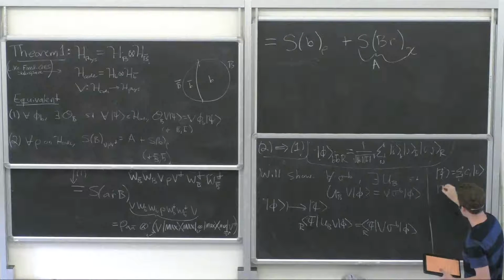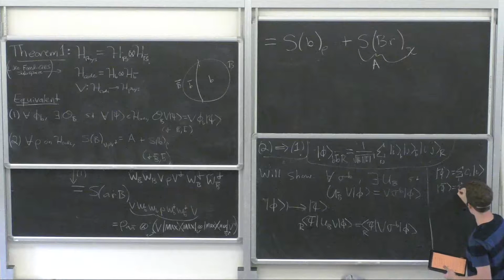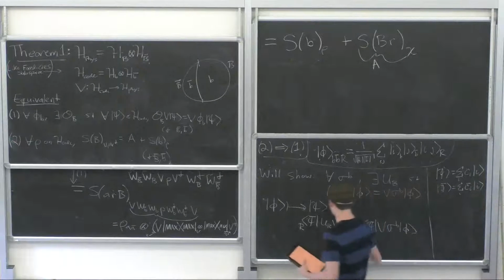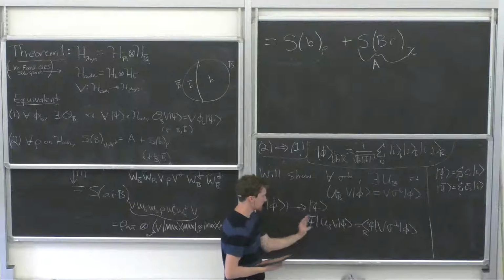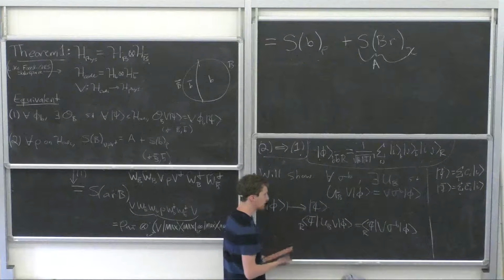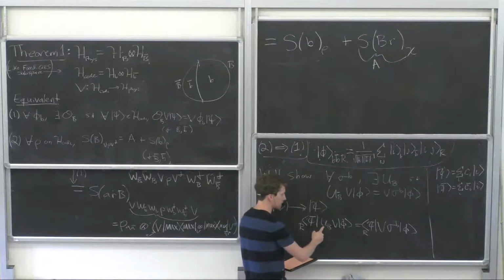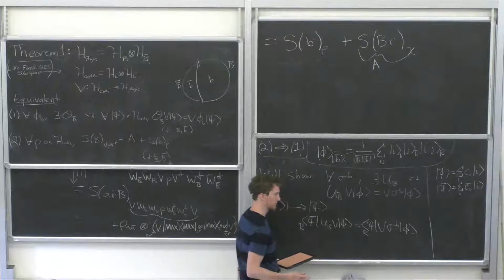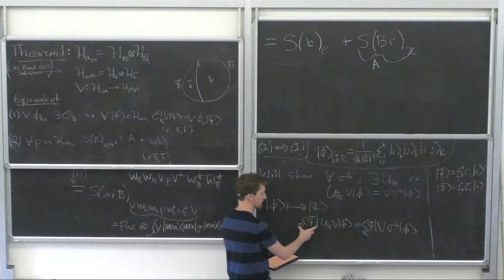Psi bar is literally just the complex conjugate of all the coefficients. And what happens here, once you act on both sides with psi bar, is that U, B, and V have nothing to do with R, so you can just commute this through.